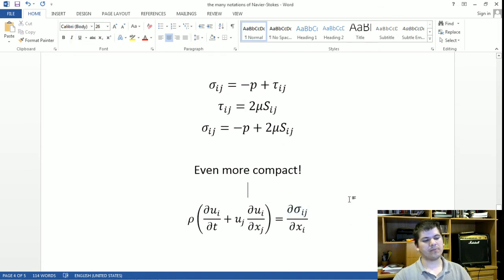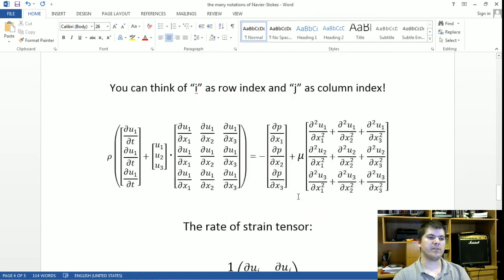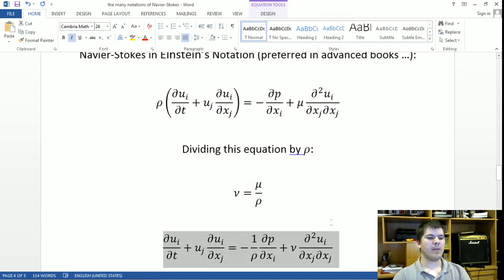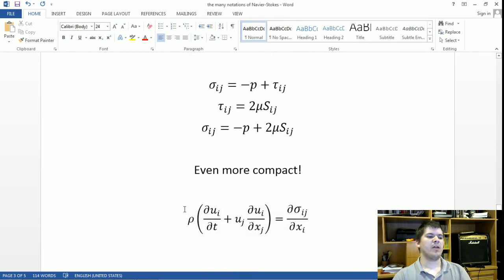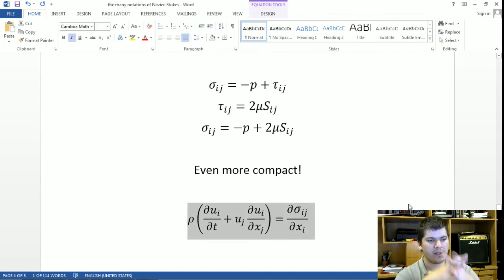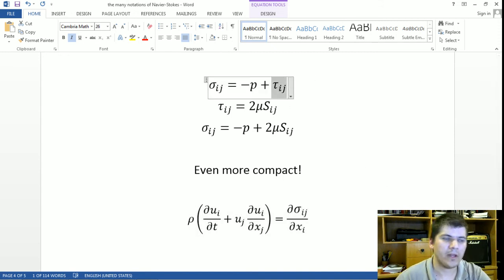This equation is much more generic and powerful than this one, because it made no assumptions regarding the constitutive law of viscosity. So this equation here is valid for Newtonian fluids and non-Newtonian fluids. Of course, for non-Newtonian fluids, you have to make some assumptions for the shear stress tensor of the fluid.